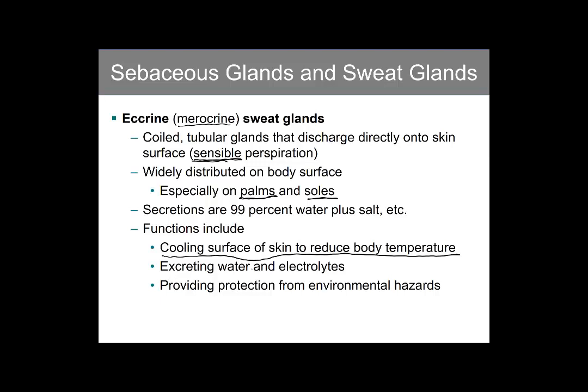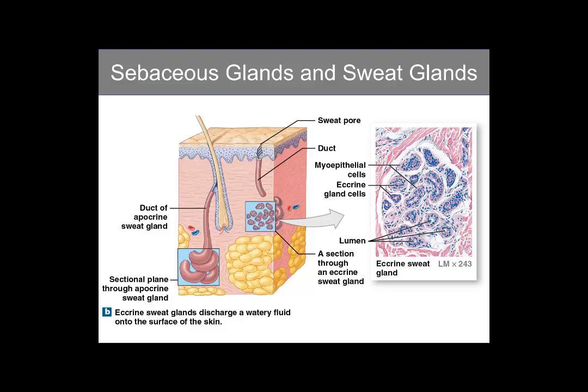We also excrete water and electrolytes this way in an attempt to maintain homeostatic balance. Here we have an image of the eccrine sweat glands. Okay, this is the same image we've seen previously. The eccrine is right here, and it's going to deliver its product directly onto the surface of the skin.